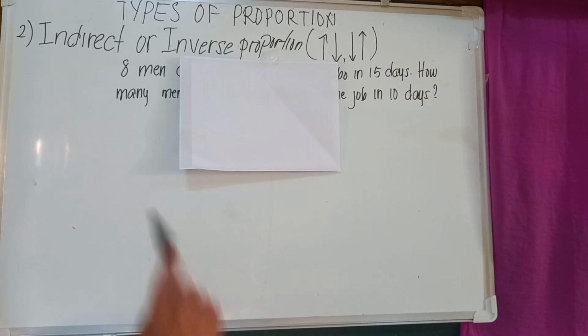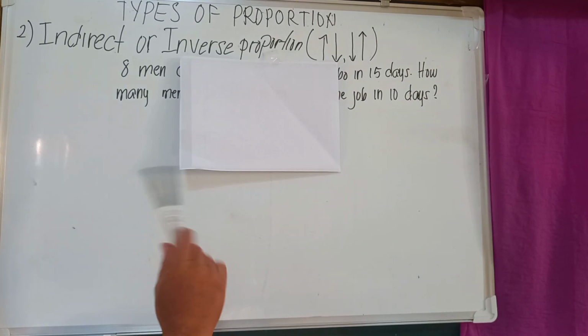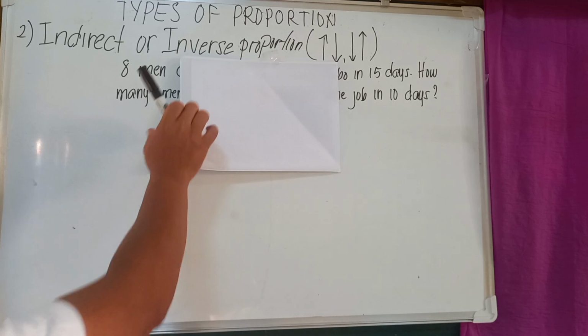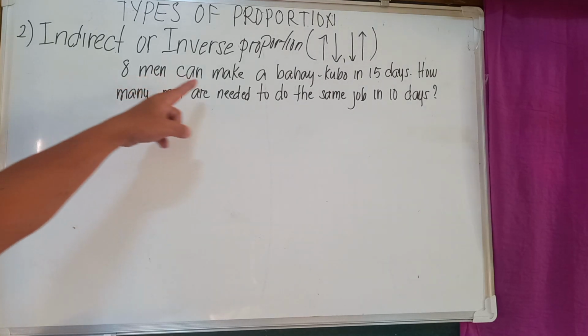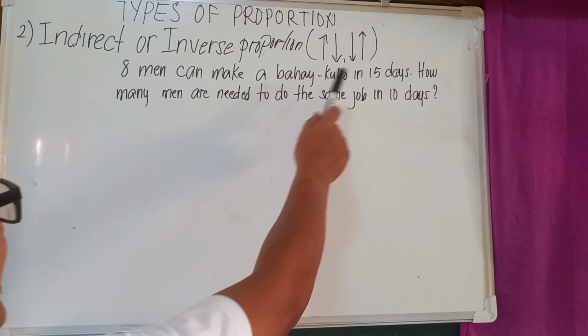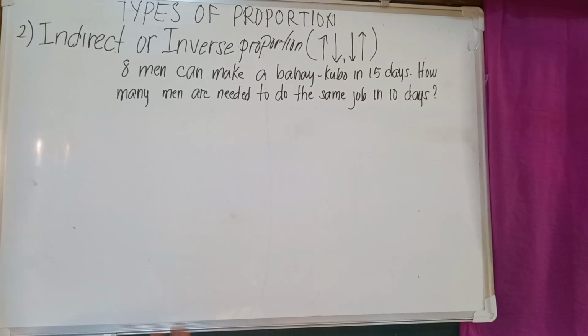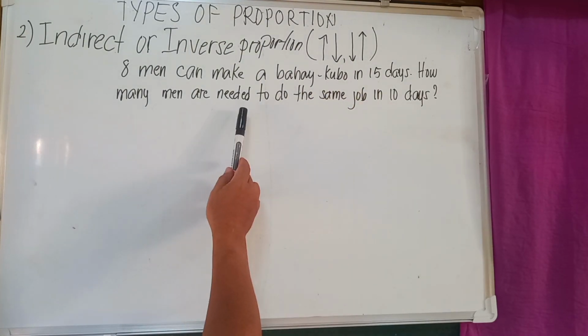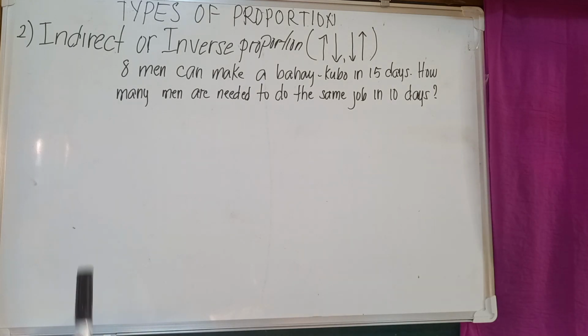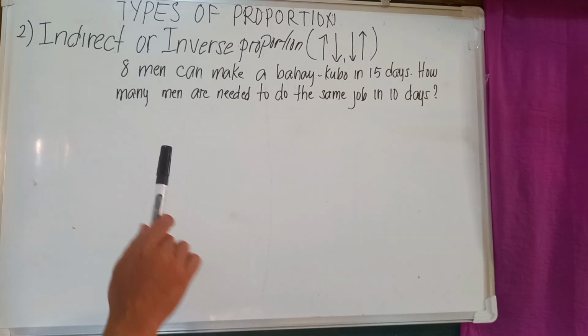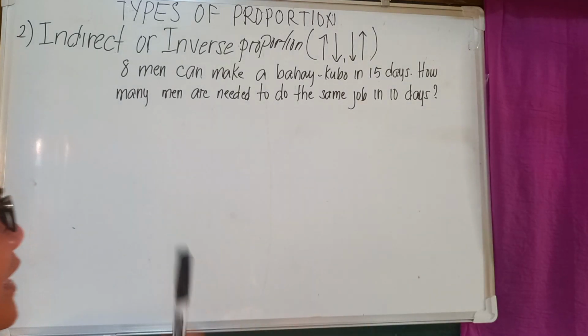To understand more about inverse proportion, let us analyze this word problem. Okay? So, 8 men can make a bahay kubo in 15 days. Now, how many men are needed to do the same job in 10 days? So, anong gagawin natin? Okay, first, identify the given quantities.